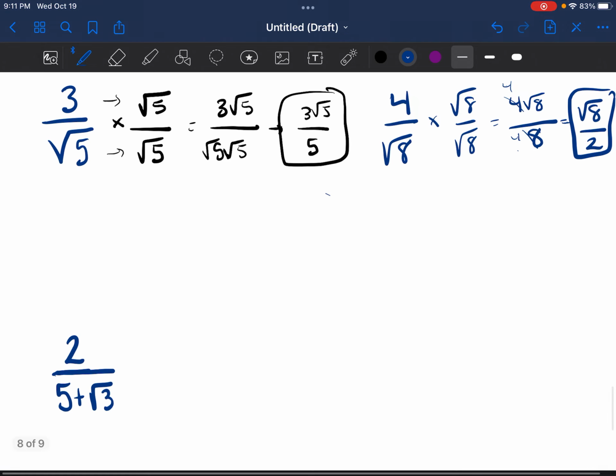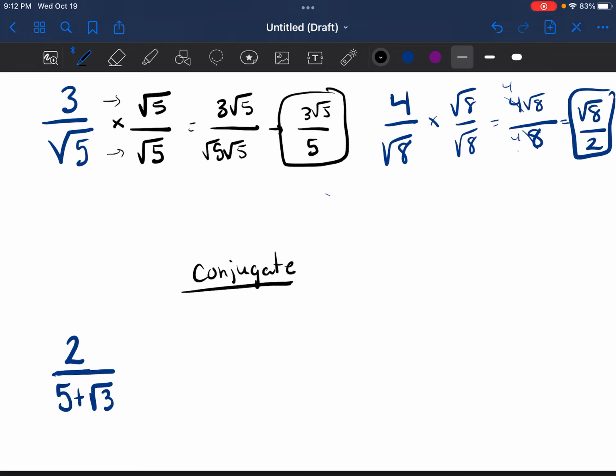Now, how do I do a problem where I don't have just a radical in the denominator? I have a binomial. Well, I'm going to do a very similar process where I'm multiplying by itself, but instead of it being exactly itself, it's going to be its conjugate.